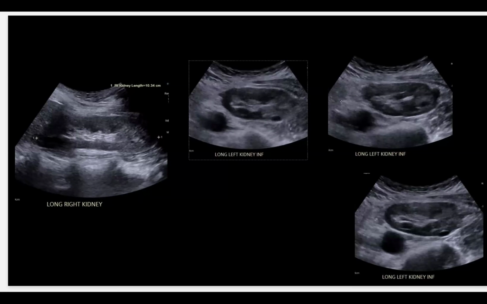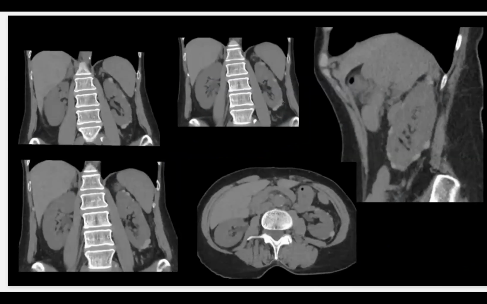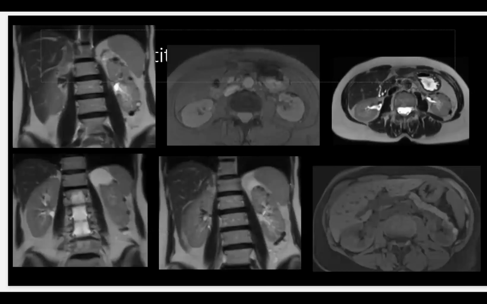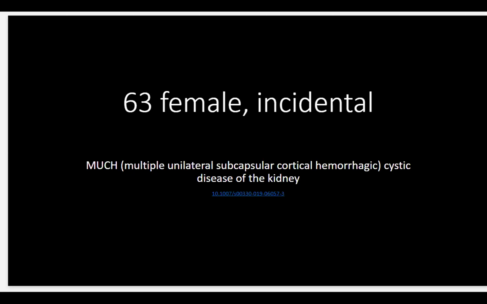We see a couple of cysts which are subcapsular on the left side. Almost all of these cysts are hemorrhagic and they are only on the left side, better seen on this sagittal and also seen on this MR. So it's a newer entity called MUCH disease, multiple unilateral subcapsular cortical hemorrhagic cystic disease of the kidney, and almost always it's on the left side.